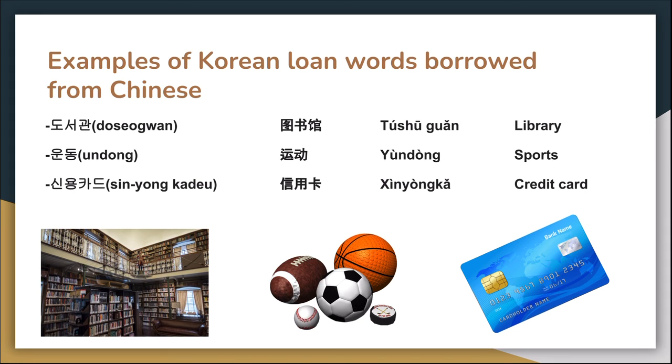Let's take a close look at this one, because we can see that in Chinese, 信用卡, the 卡 is borrowed from English, card, and we can notice that in Korean, 信用卡的, the part 信用 is borrowed from Chinese 信用, and the part 卡的 is borrowed from English card.